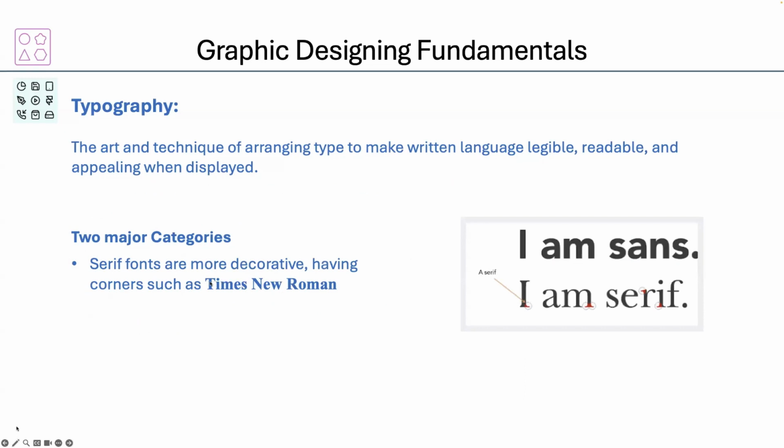For example, one good example of serif is this style, Times New Roman. Mostly it is used in official documents. So it is serif. But both kinds of letters are important. Both are used in web applications like web pages or graphic designing.